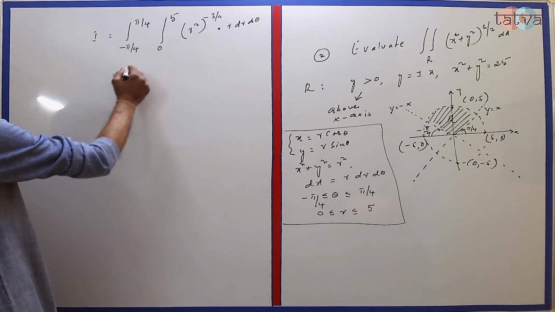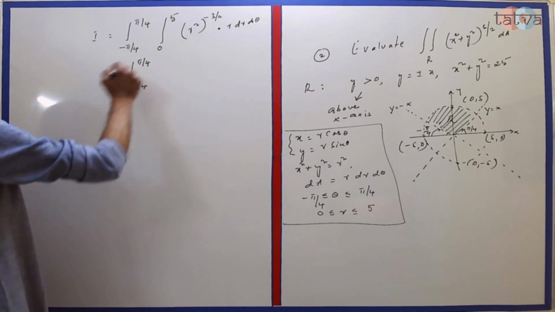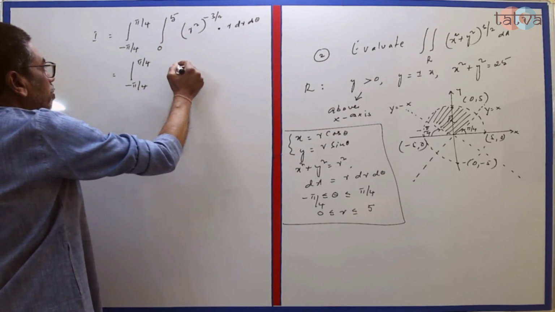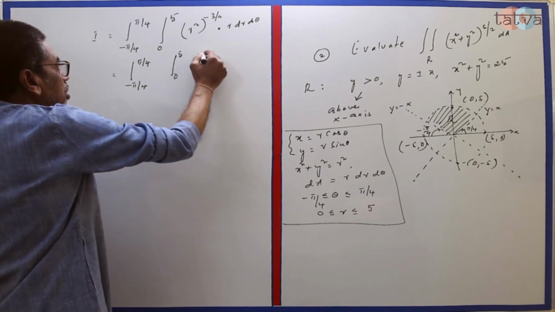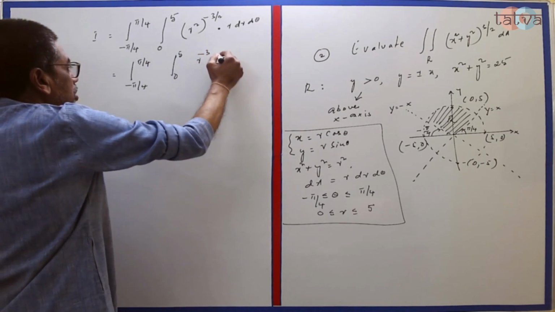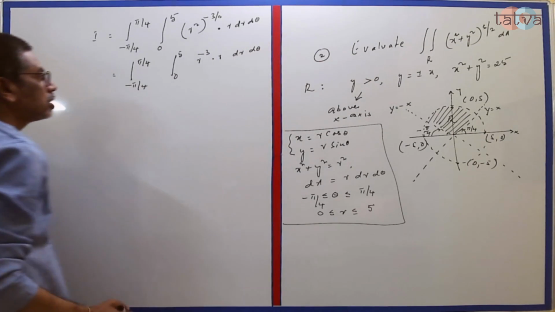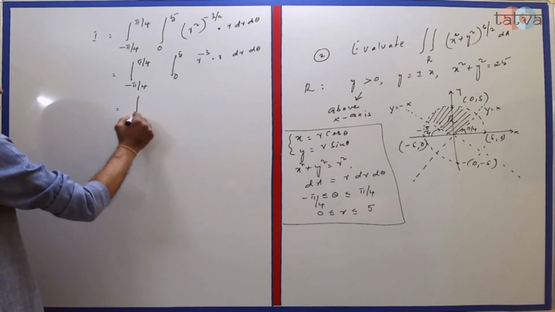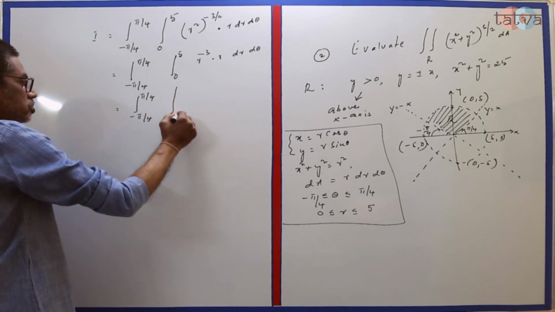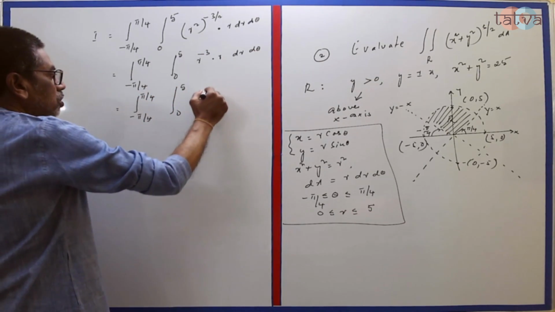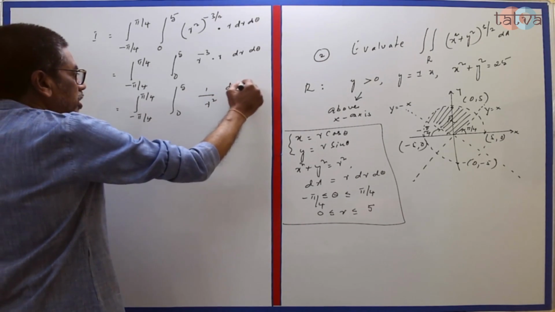So, I'll have minus pi by 4 to pi by 4. This should become integral 0 to 5 r raised to minus 3 into r dr d theta. So this would become minus pi by 4 to pi by 4, 0 to 5, 1 upon r square dr d theta.